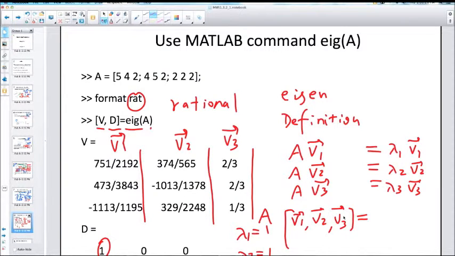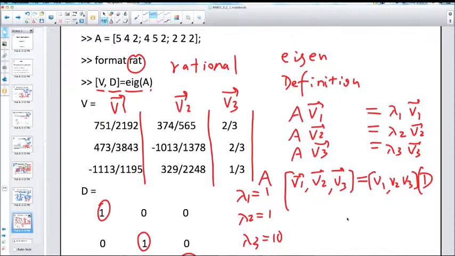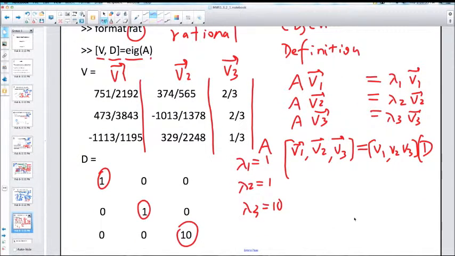And on the other hand, you can say V1, V2, V3 times this D, which is lambda 1, lambda 2, lambda 3. So the D is really, let me write out the D: 1, 0, 0, 0, 1, 0, 0, 0, 10.